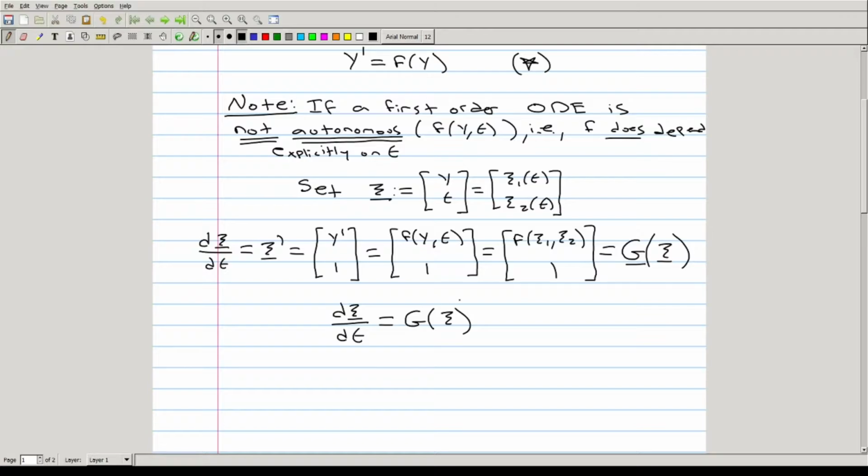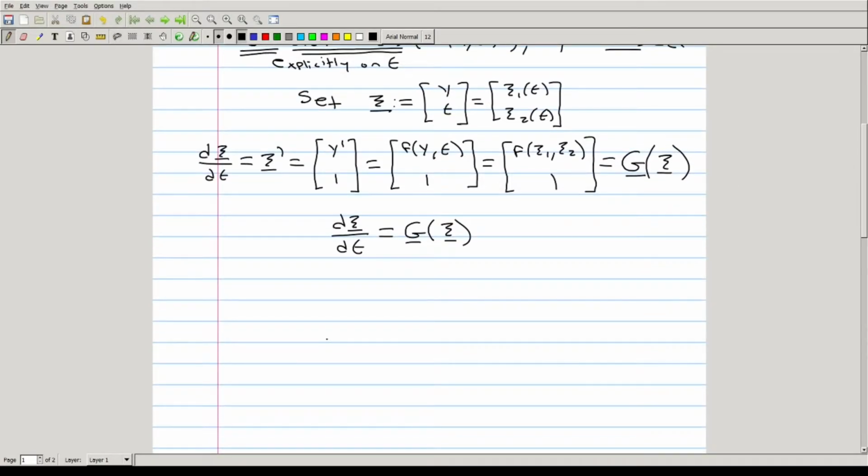And you see now this is a first order system of two differential equations, but this system is an autonomous system of two first order ODEs.